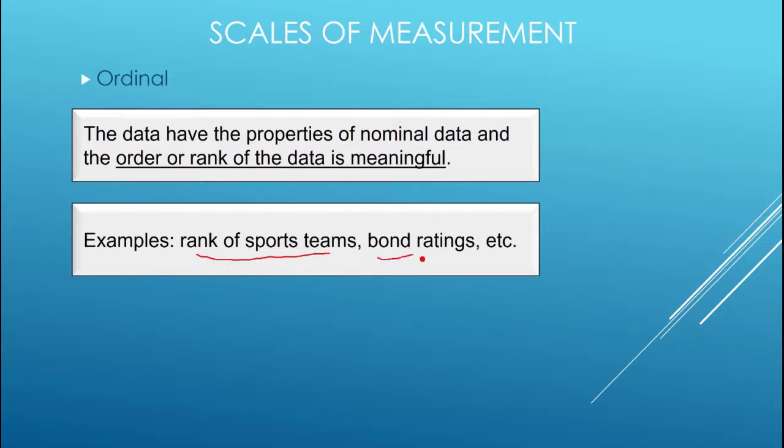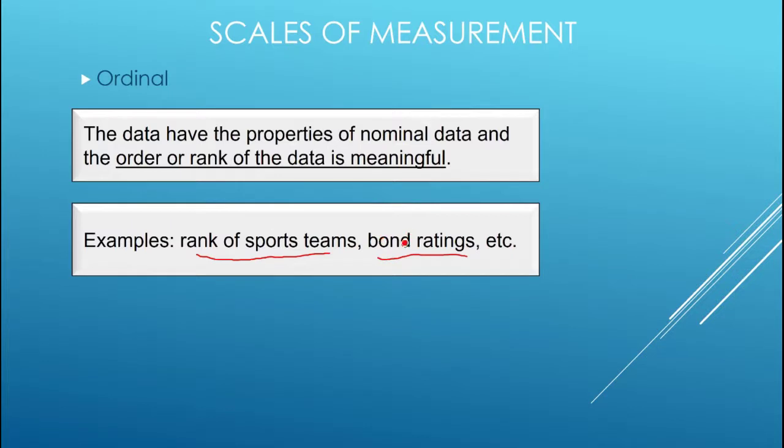Another example would be bond ratings. Bond ratings typically start out at AAA, then they move to AA+, etc., all the way down to junk bonds or a rating of F. Clearly, it's better to have a bond, and it's easier to borrow money if you have a bond that's rated AAA as opposed to a bond that's rated as a junk bond.